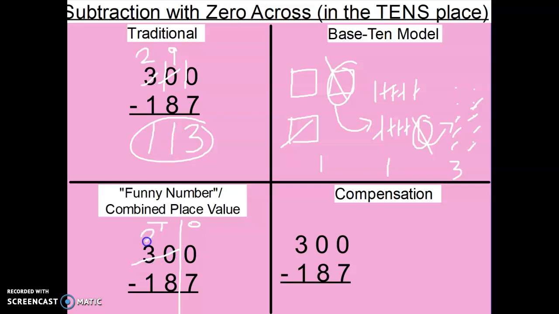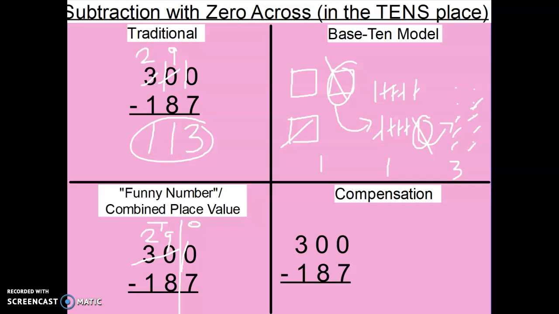So I would have 29 tens left, and that ten I took away will go to the ones place. If you look at the funny number and the traditional one, the regrouping is pretty much the same. I just skip a step by decomposing the number first in the funny number.